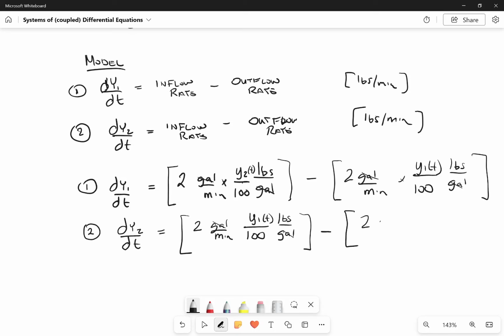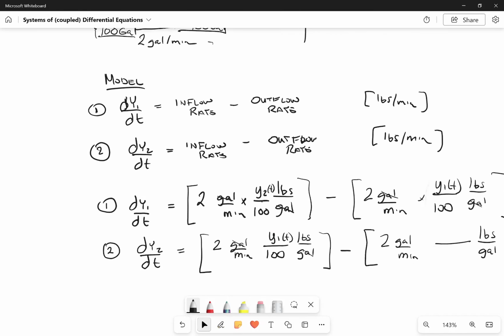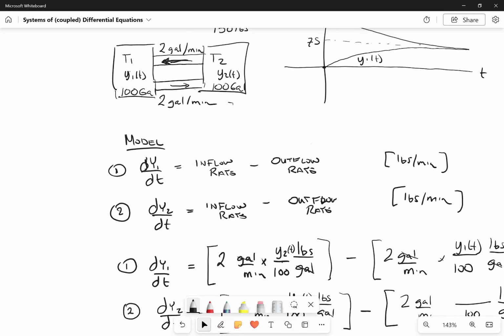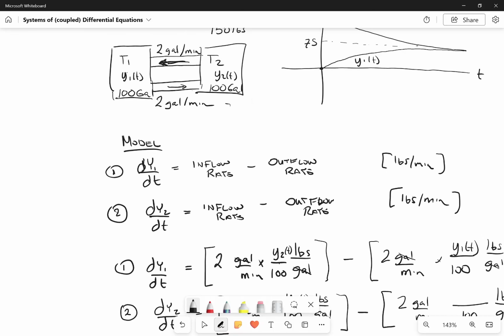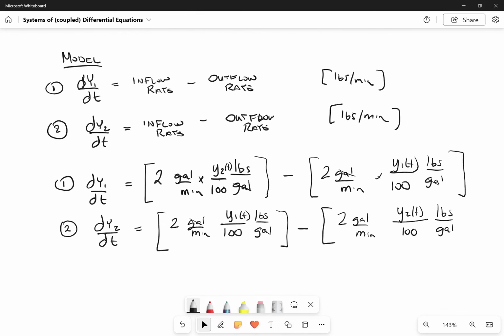Again, we have 2 gallons per minute of flow. We need to cancel out the gallons, and we want pounds per gallon. This is the outflow rate from tank 2. How many gallons are in tank 2? Well, there's 100 gallons in tank 2. And how many pounds of dissolved fertilizer? Well, y2.